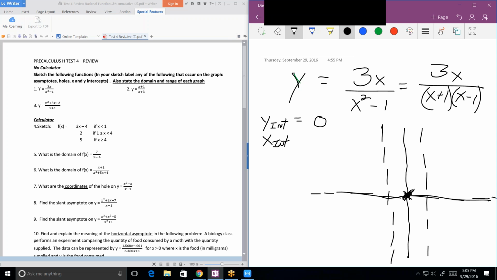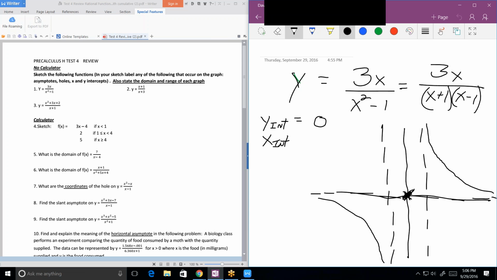Yeah. It means that part of the graph approaches the vertical asymptote and the horizontal asymptote, and then typically, the other half of the hyperbola is down there.